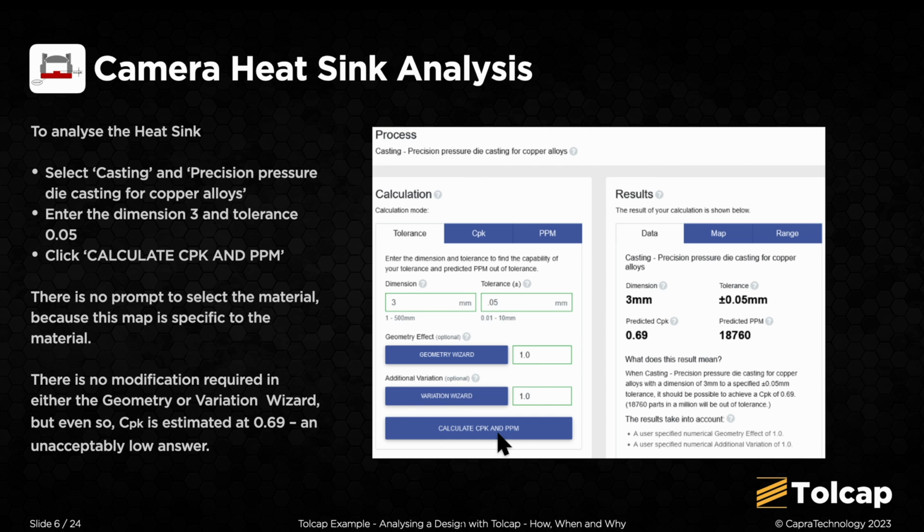There's no prompt to select the material because this map is specific to the material of the part, and there's no modification required in either the geometry or variation wizard. But CPK is unacceptably low at 0.69.